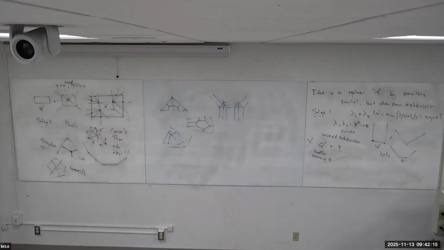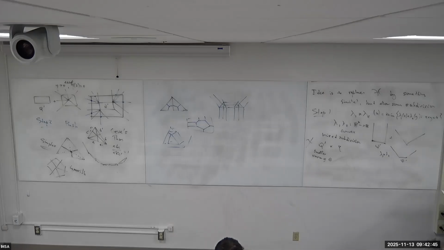So let me draw a picture over here. Okay, I'm gonna do the push here. And after I push, then I do the mixing. So what happens is that each of these guys gets a dual subdivision.